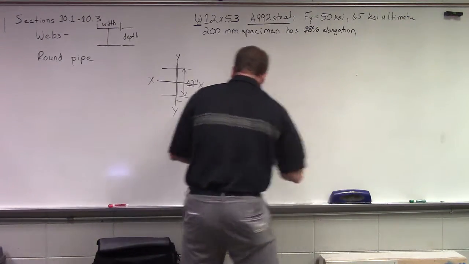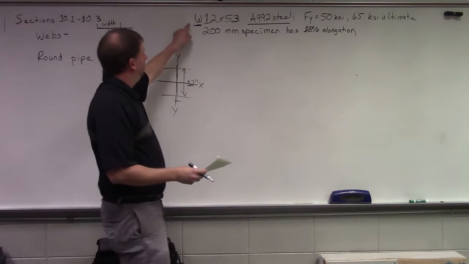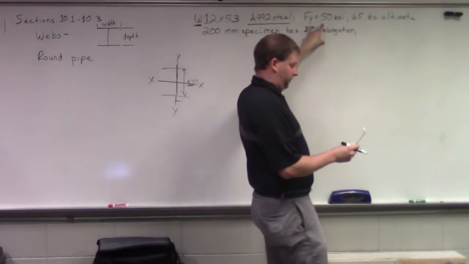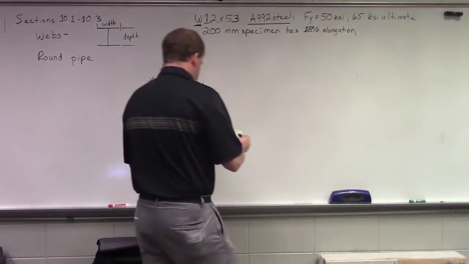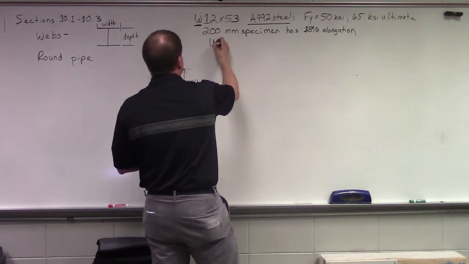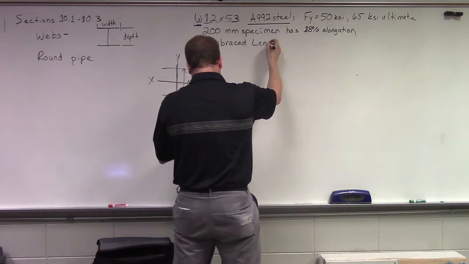Okay, so we will still have a W12x53 with a yield strength of 50 ksi.